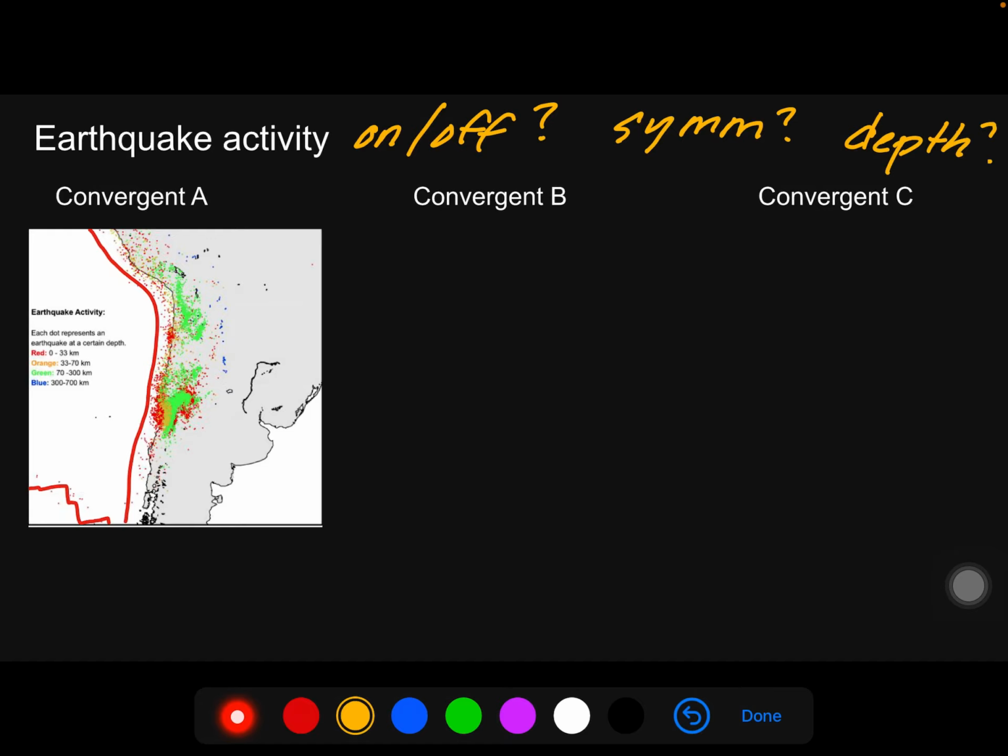So here's convergent A. Looking carefully at the diagram, we see there are some earthquakes happening right at the boundary line, but a majority of them are happening off the line. So we want to record both of that data, on and off the boundary.